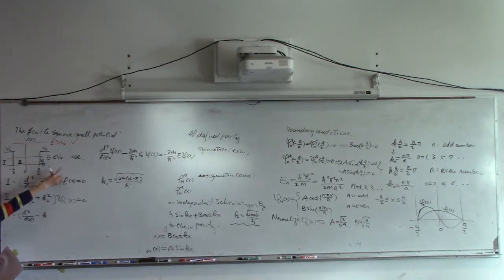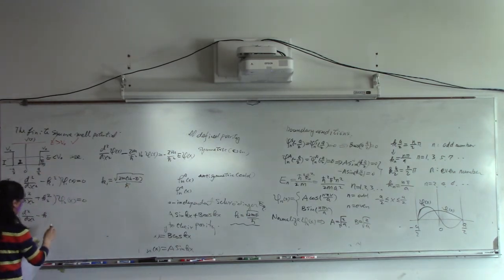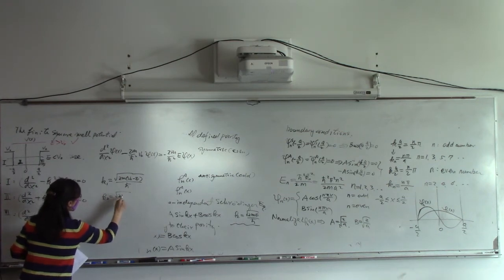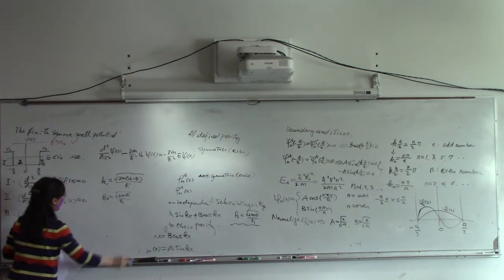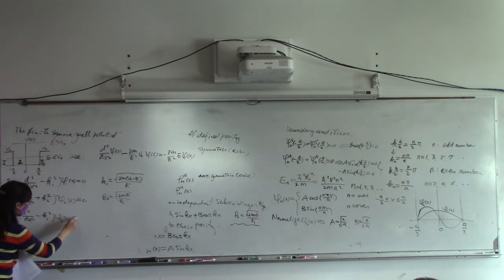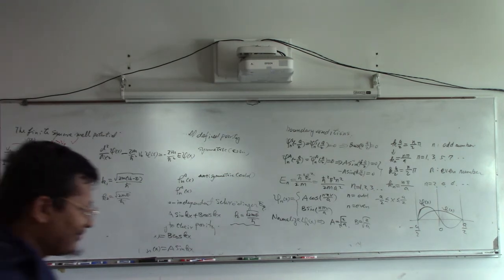In this one, there is a difference. So let me give a K2. K2 is, since inside the potential well the potential is 0, K2 squared equals 2mE over h bar squared. That is 3 equations in 3 different regions.